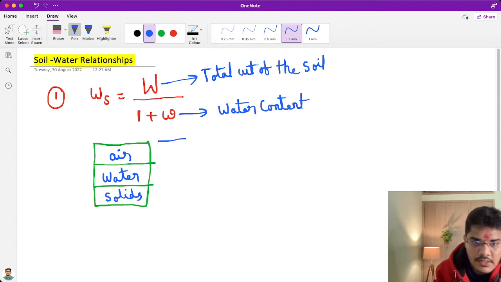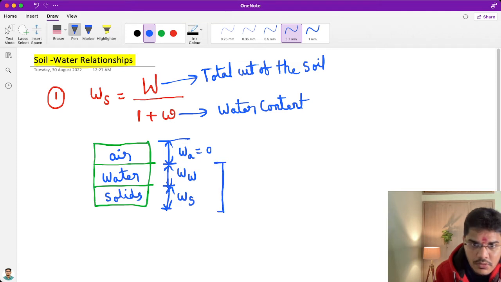On the right side we can write weights. This is the weight of air, which is negligible, equal to 0. This is the weight of water, this is the weight of solids. The total weight of the soil is capital W, which is nothing but weight of water plus weight of solids.